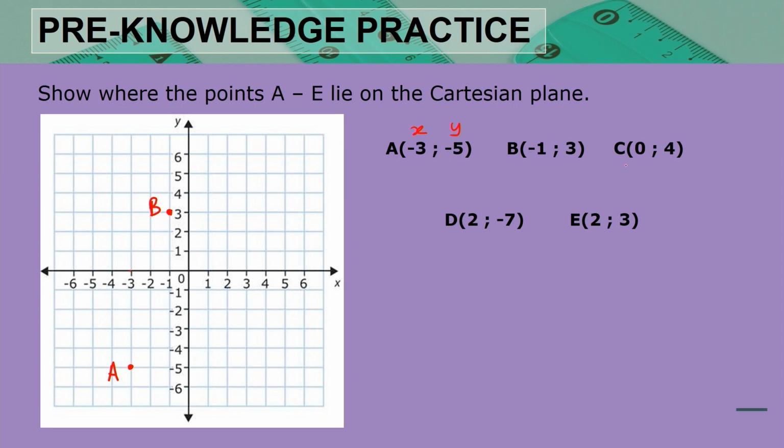Looking at the next one, it is C, with 0 as the x value and 4 as the y value. That means the point is going to be on the y-axis, and that is point C. Then we have D, which is 2 and -7.